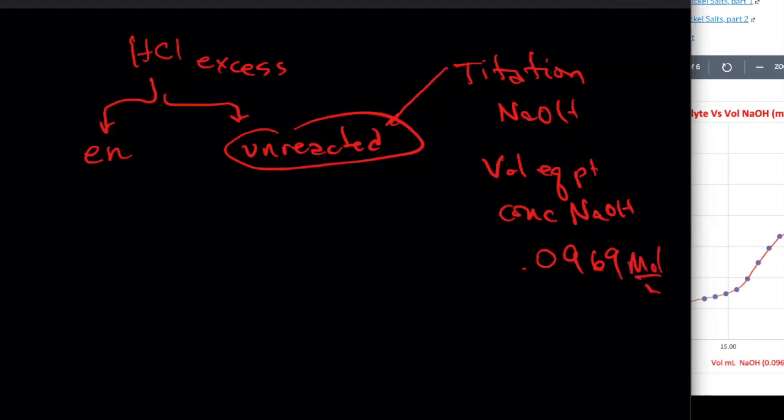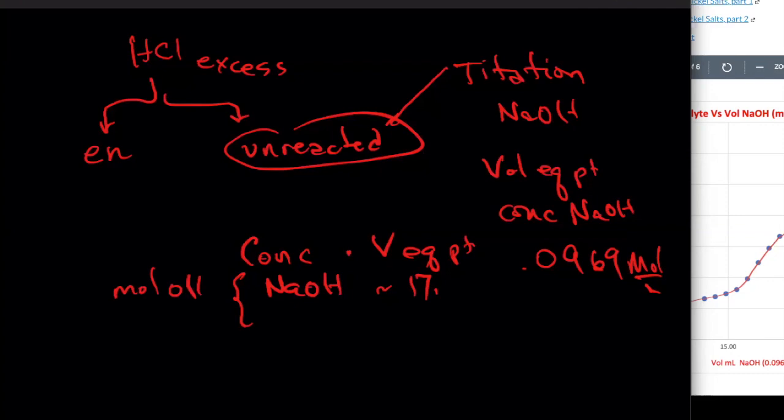So if you take the concentration of your base and multiply by the volume at the equivalence point, for that first salt it was around 17 something. That right there will tell you the moles of your hydroxide that reacted with the excess hydrochloric acid that didn't react with ethylene diamine. So this moles of hydroxide is equal to this moles of acid that didn't react.